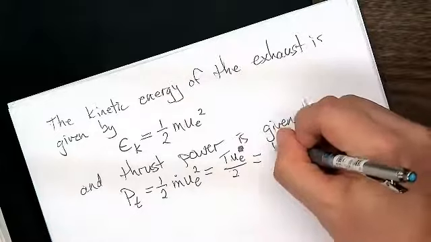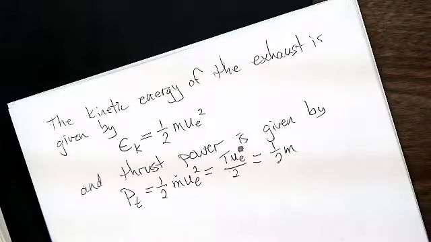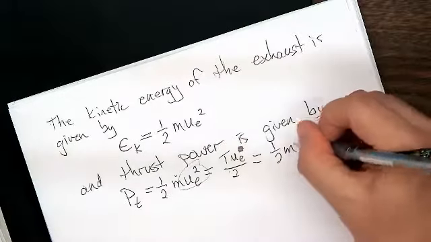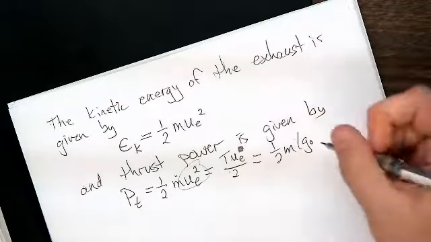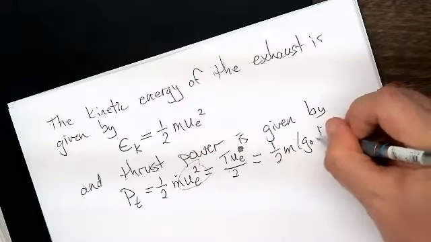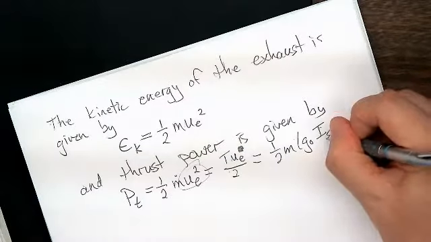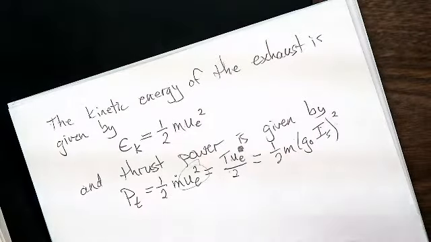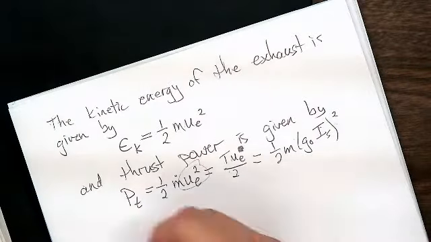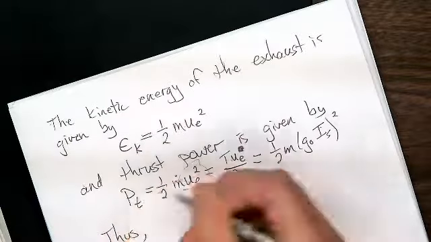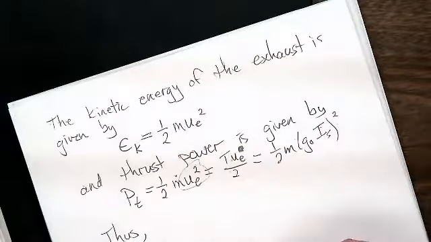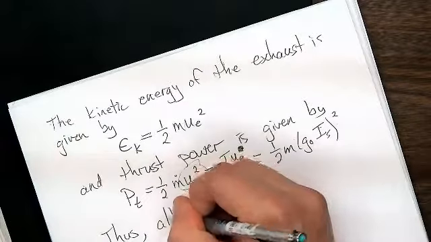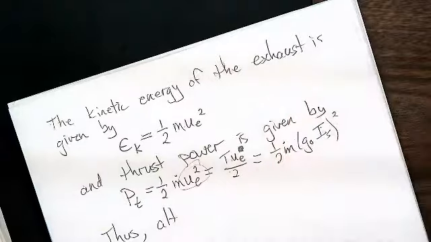This is also equal to 1/2 m dot, and if we substitute for the u squared, that would be the gravitational constant at Earth's surface times the specific impulse squared. Thus, although high ISP results in higher payload fractions. Is that M or M dot? This is an m dot, sorry.